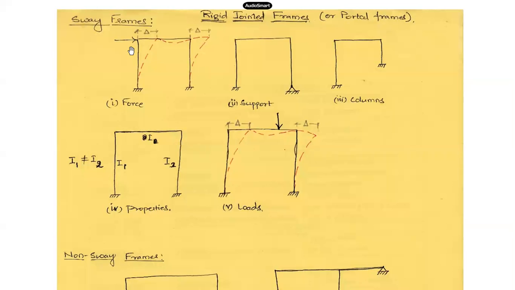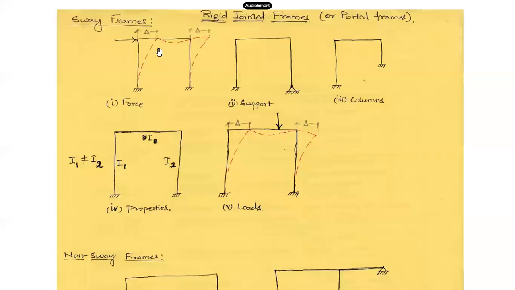Even in industrial structures, maybe a steel structure or an RCC structure, you will find such a network of beams and columns connected together. They represent these rigid jointed frames.